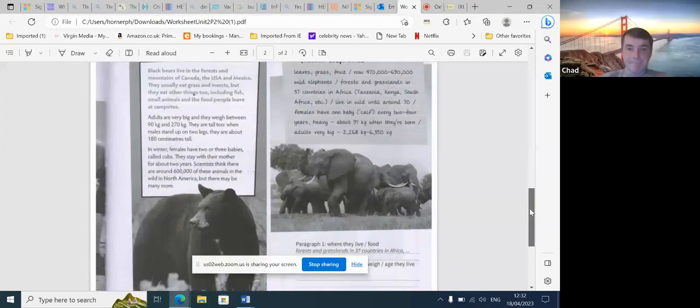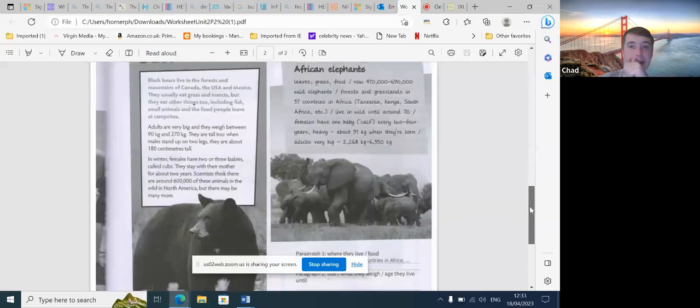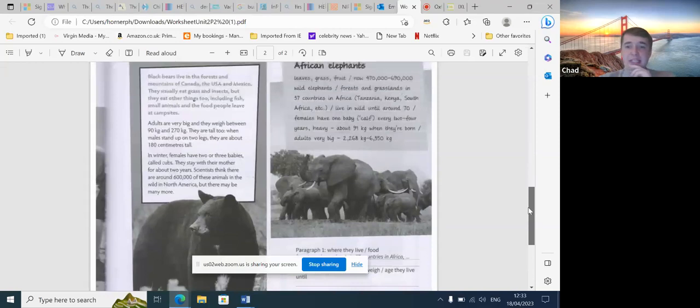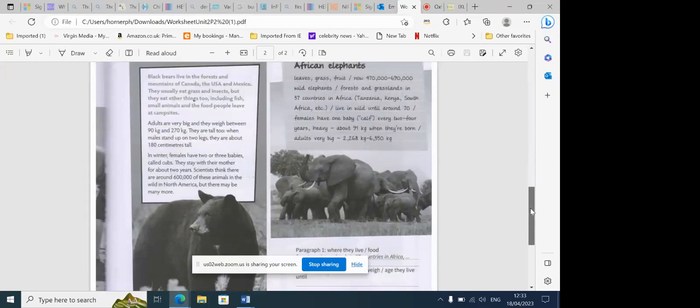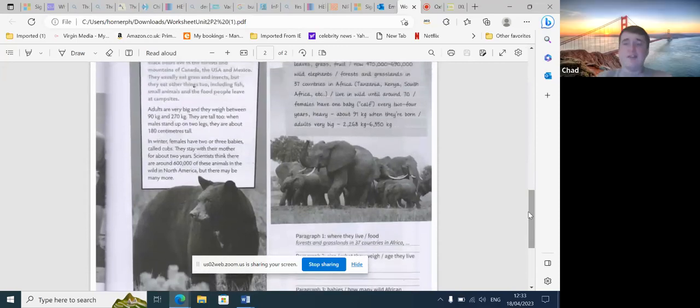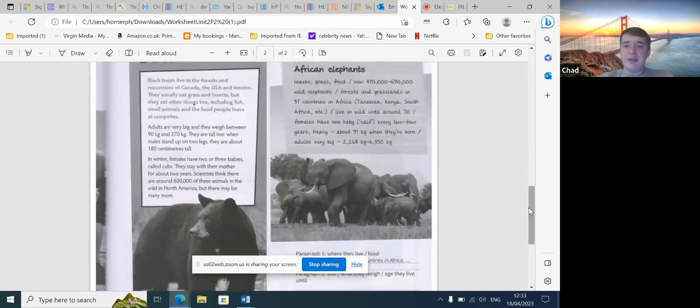Yeah, exactly. And what age do they live to? Min, what does it say about the age? Where can we find out about the age of the African elephant, or the age they live until?